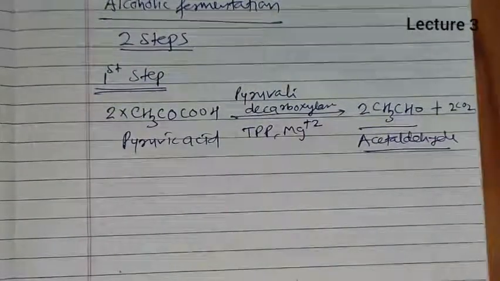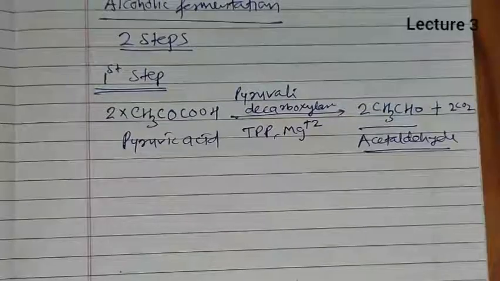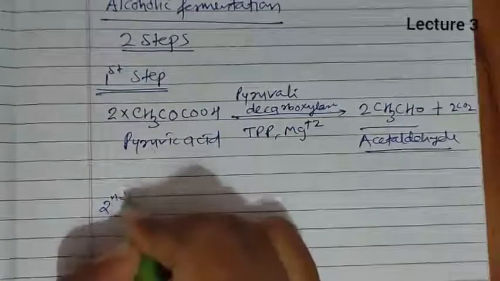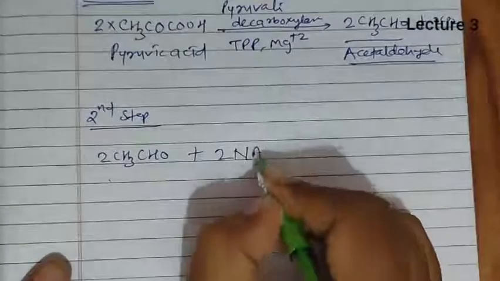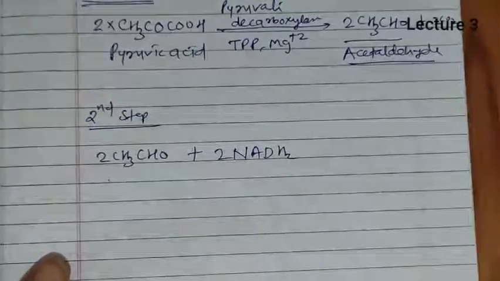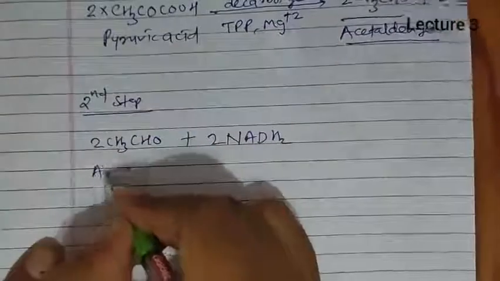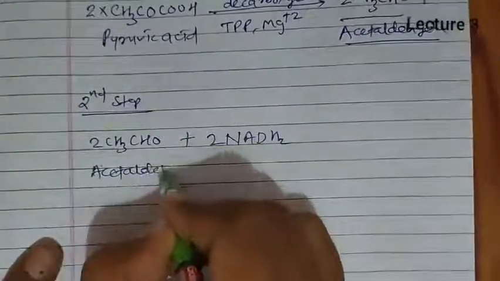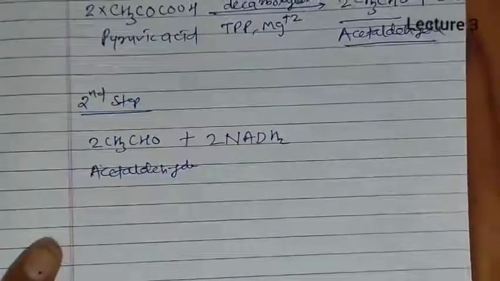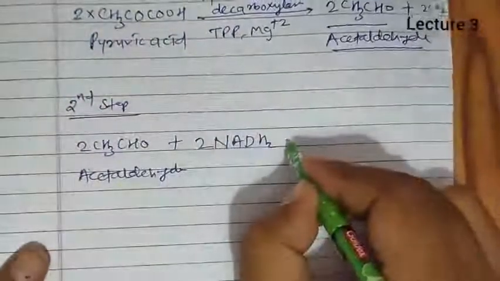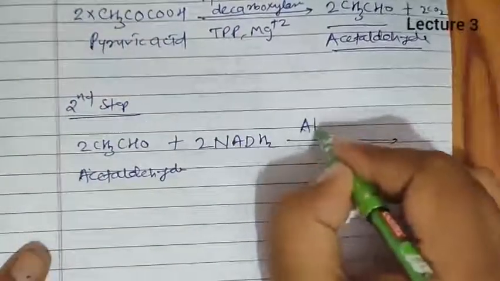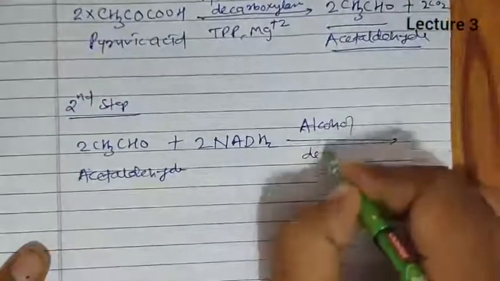After acetaldehyde formation, in the second step, this acetaldehyde reacts with NADH2, the two molecules of NADH2 which were synthesized in glycolysis. When acetaldehyde reacts with NADH2, it accepts H plus in the presence of the enzyme alcohol dehydrogenase.